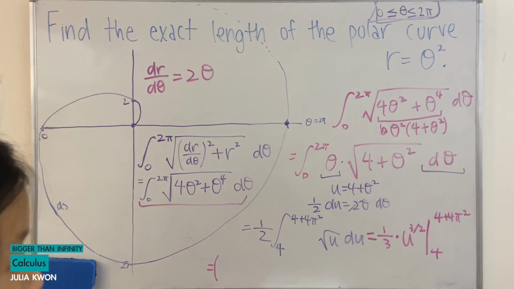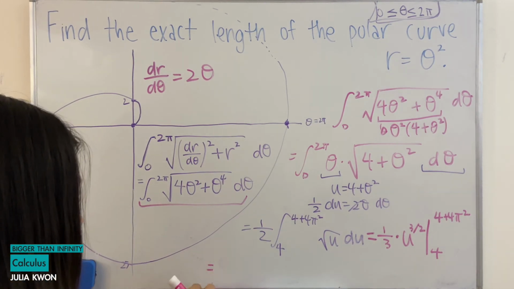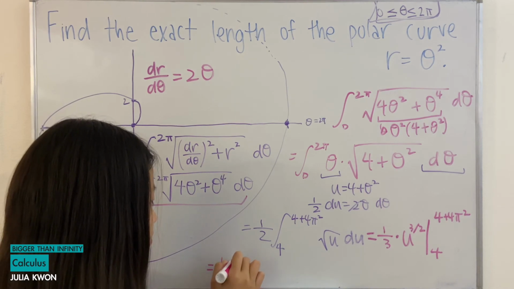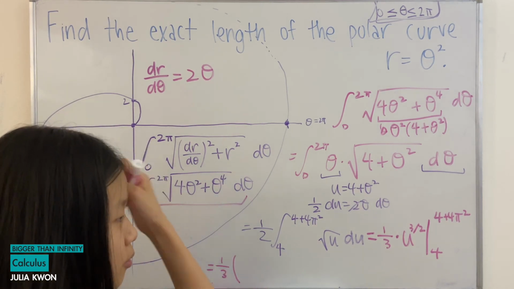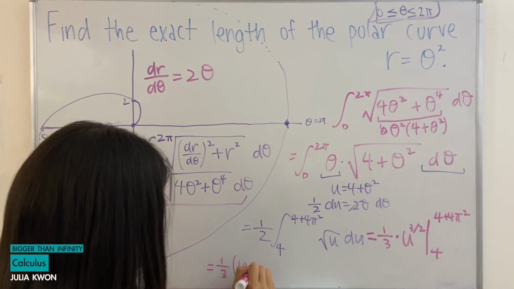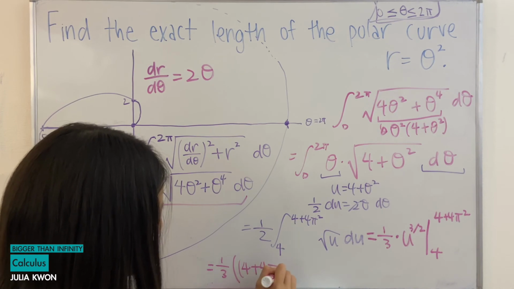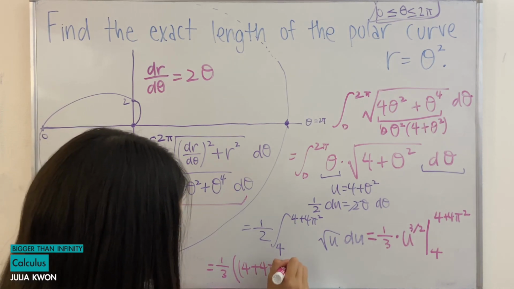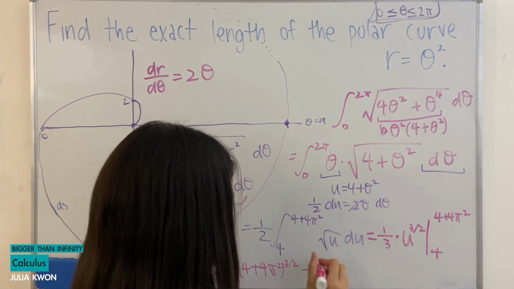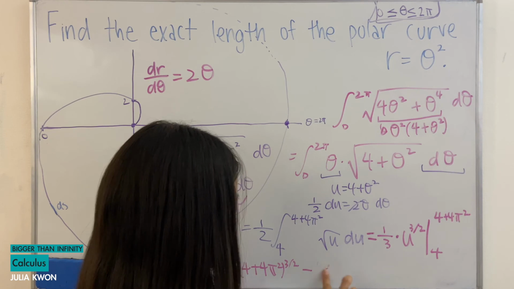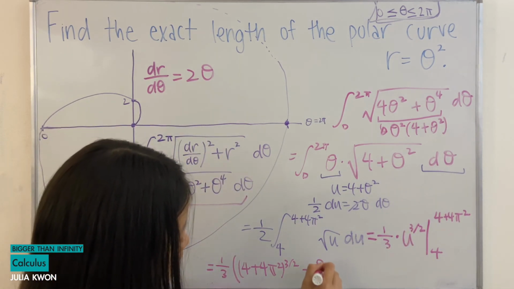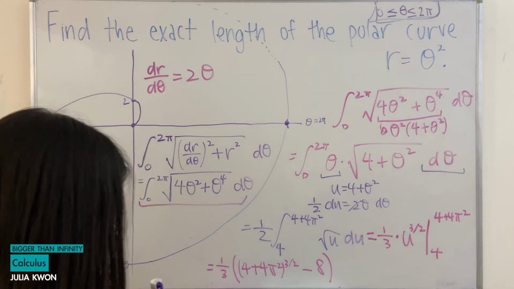Let's put in 4 plus 4 pi squared first, and I'm going to take out the 1 over 3. We'll have 1 over 3 multiplied by 4 plus 4 pi squared to the power of 3 over 2 minus 4 to the power of 3 over 2. 4 to the power of 1/2 is 2, and 2 to the power of 3 is 8. So this is what we'll have.